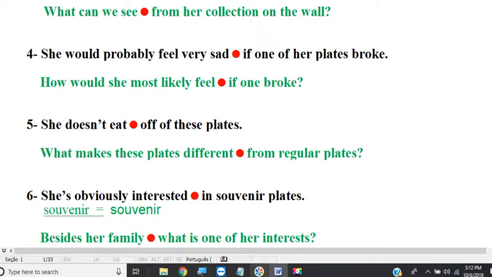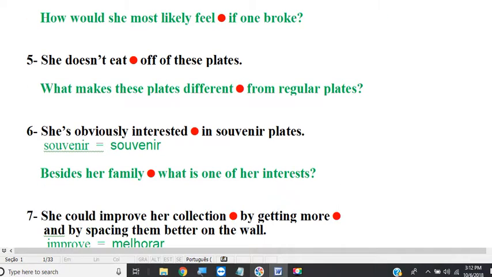How would she most likely feel if one broke? Well, she would probably feel very sad if one of her plates broke.